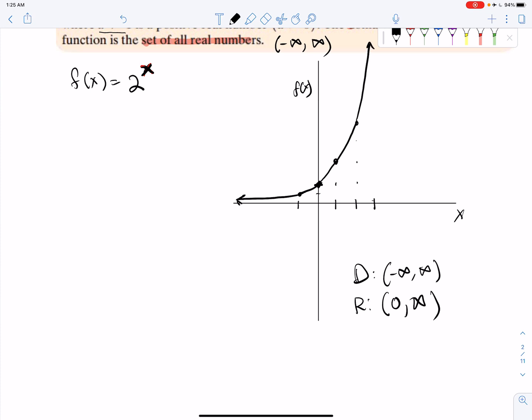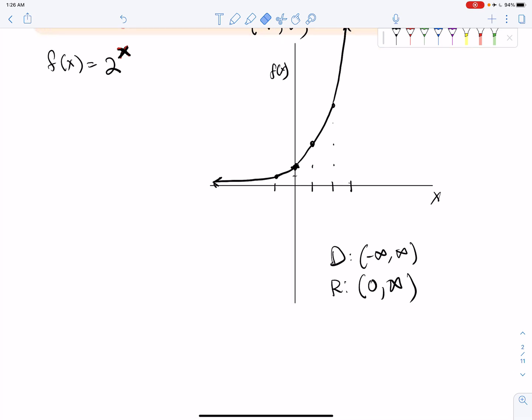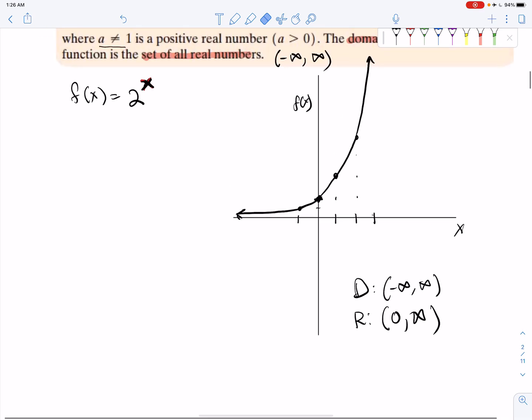That's better. Okay, so now what we're trying to do is get you to see some things here. For instance, what happens if we had a different function, different name? How about we'll call it g of x.